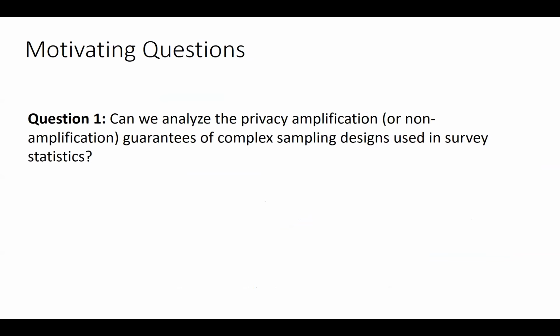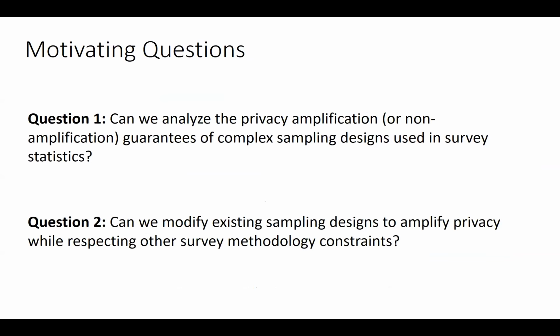And a related question to this is, in cases where existing survey designs do not amplify privacy, can we modify them, ideally in small and palatable ways to the users of these things, so as to actually amplify privacy in the way that we expect? Okay, so those are the two main motivating questions. And throughout this talk, I want to hint at least some of the technical ideas that we use to try to answer these questions in different settings.